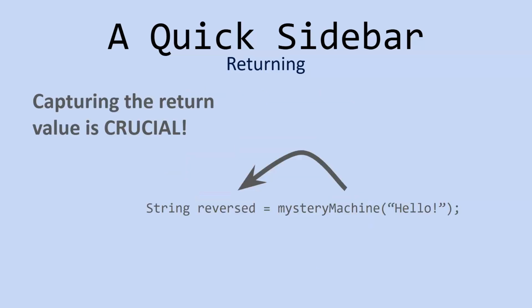We do need to make sure to capture the return value though. So, assuming we're using the returning version of mysteryMachine, if I just put mysteryMachine(hello) all by itself on one line, then it wouldn't even do anything. Java would actually go through the method of mysteryMachine and return the reversed hello, but we wouldn't store it, so we wouldn't be able to use that value later.